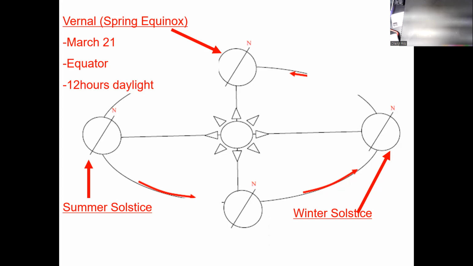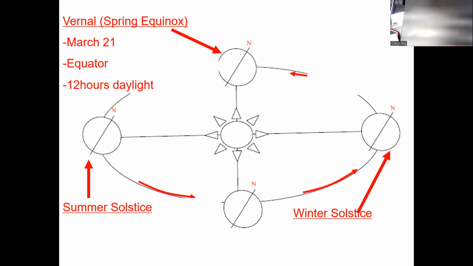Now, the sun is going to be directly overhead at the equator on that day, and 12 hours of daylight, we put in parentheses equal, because I want you to see that equinox, EQU, equator, EQU, and equal, EQU should help you remember what's going on during the equinoxes.